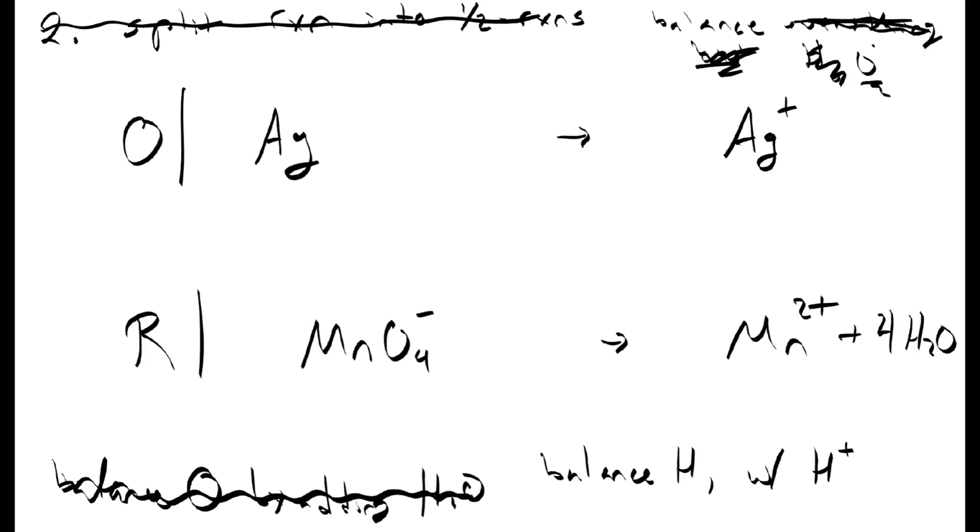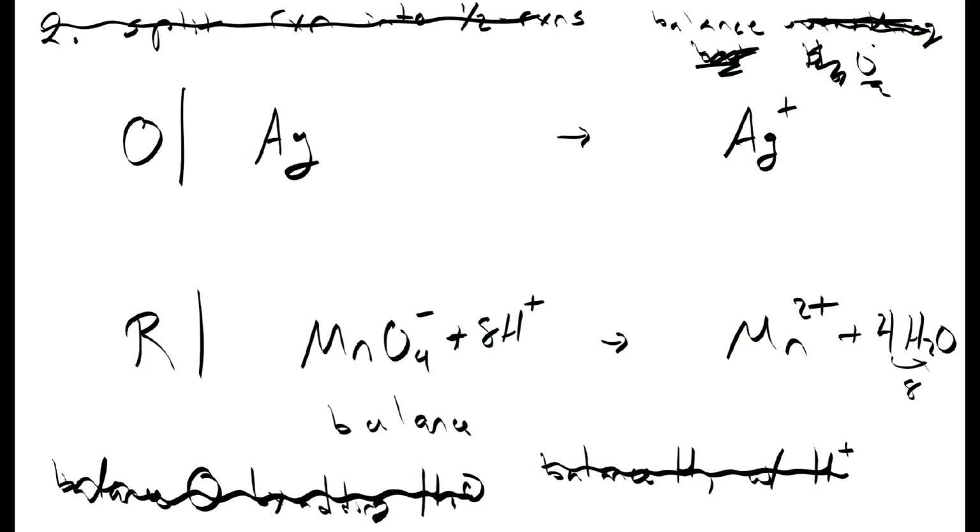So our oxidation half reaction, again, nothing there. Okay? But our reduction half reaction has 8. 4 times 2 makes 8 hydrogens. So we're going to need to add 8 H+ on the left-hand side. And now our hydrogens are balanced.